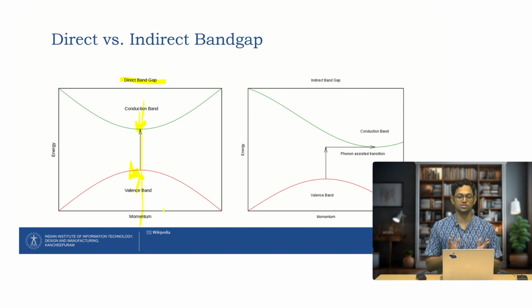Materials like this are known as direct band gap. However, in other cases, the trough of the conduction band and the peak of the valence band do not match each other.